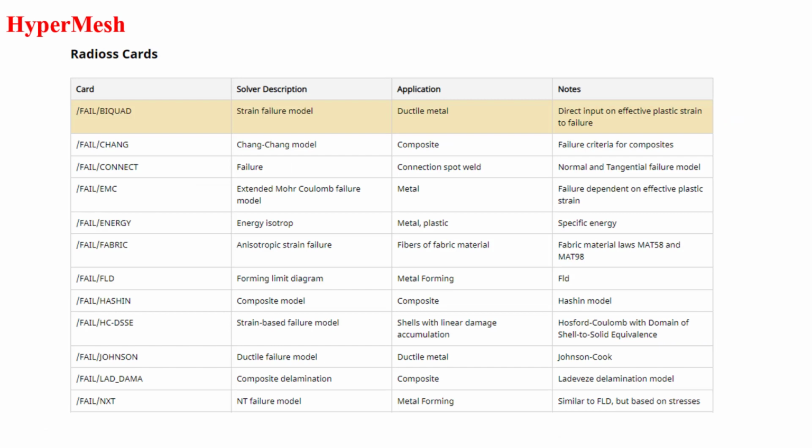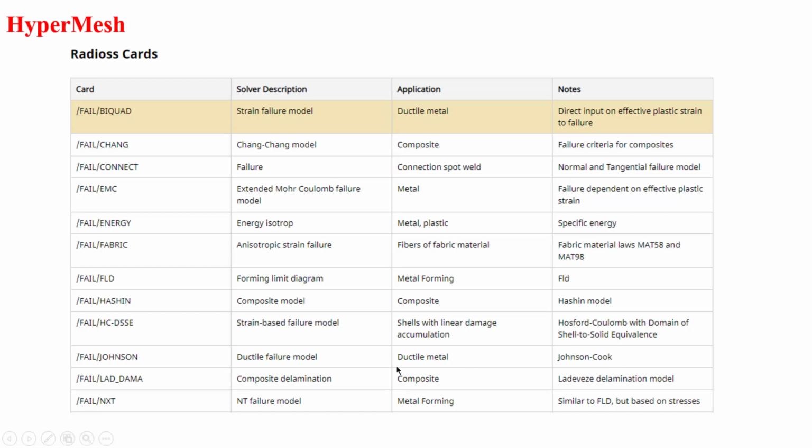When it comes to HyperMesh, we consider these cards. We have the cards for ductile materials, composites, metals, fibers, metal forming and all. When it comes to ductile materials, the Johnson Cook model we consider the most. This Johnson Cook model is very famous, even in Ansys as well as Abaqus.